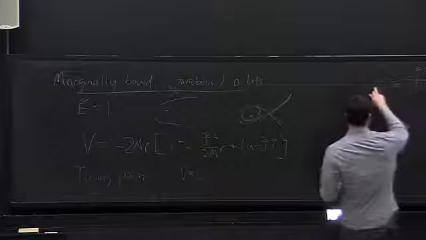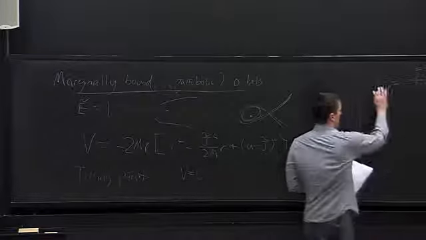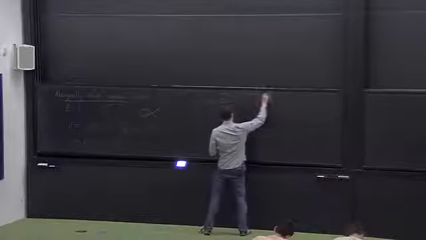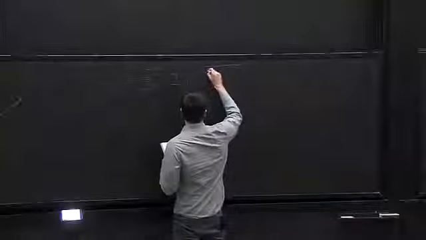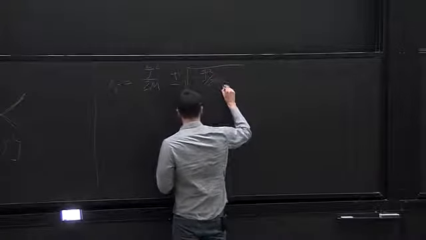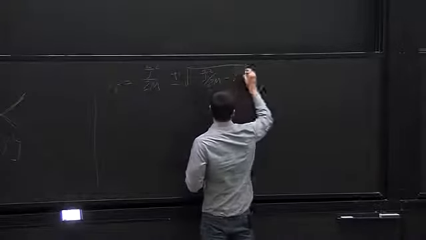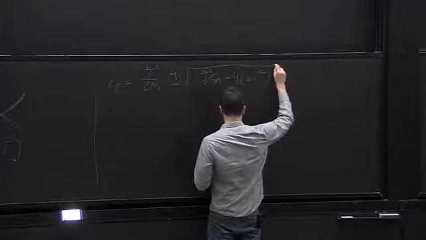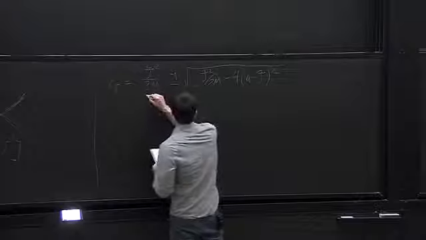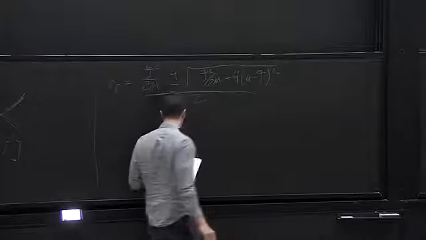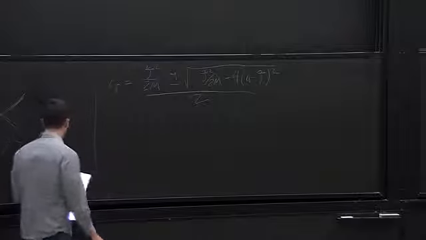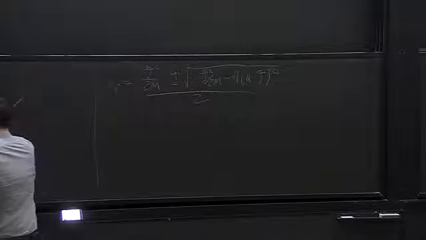And I'm going to call this radius where it's equal to 0 r_p, for the periapse radius. That's just all over 2. So just a quadratic equation.